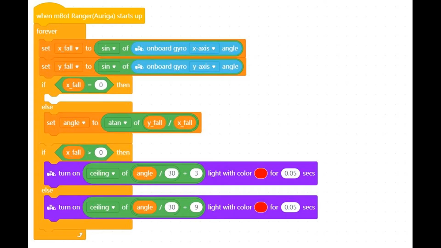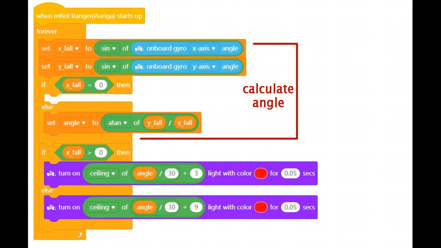Okay, let's look at some code. It all runs in a forever loop because I want to do it over and over and over. The first thing I do is I set my variable x fall to the sine of the gyro reading in the x direction and the y fall to the sine of the gyro reading in the y direction.